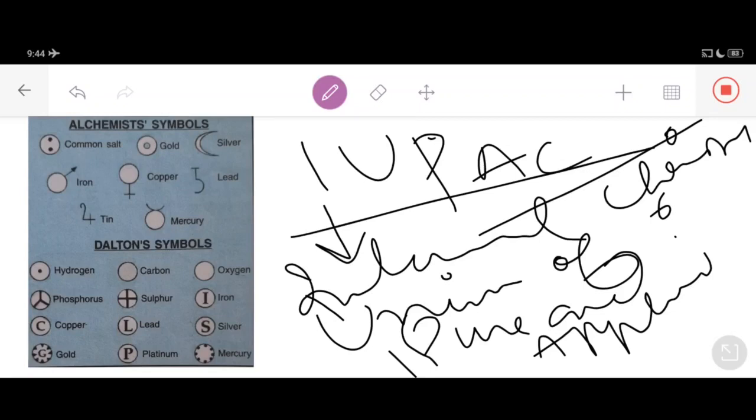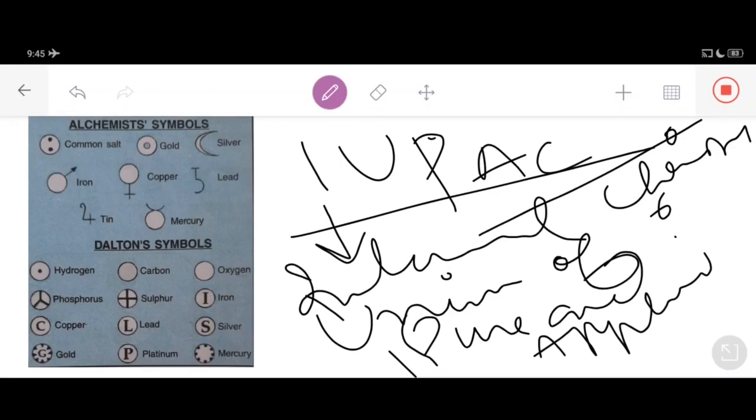So if somebody asks who actually approves the names for every single element, you must make it clear that it is the International Union of Pure and Applied Chemistry which approves names of elements in modern chemistry.